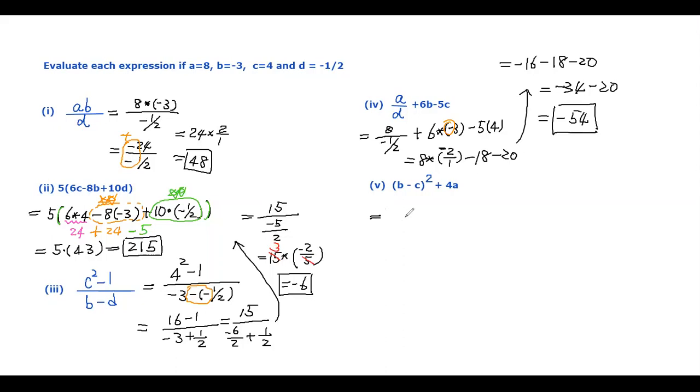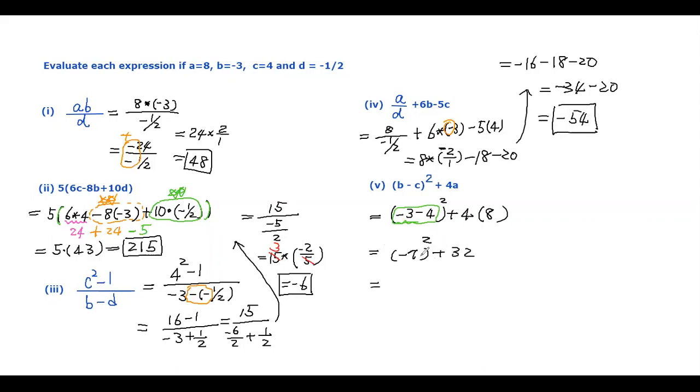Okay, so now let's take a look at the last one here. The last one is b minus c, squared, plus 4a. Let's put here, b is minus 3, c is minus 4, see here, all squared, plus 4 times 8, since a is 8, right? Okay, be very careful here. So we do the what? Parentheses first, right? So now this is negative 7 squared plus 32.